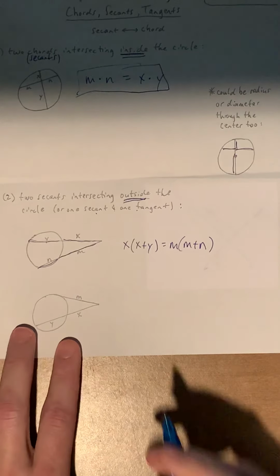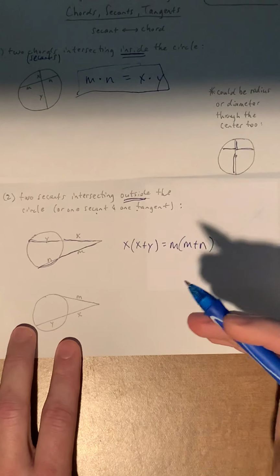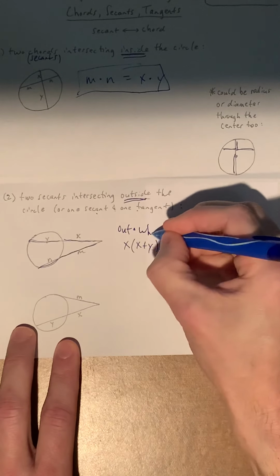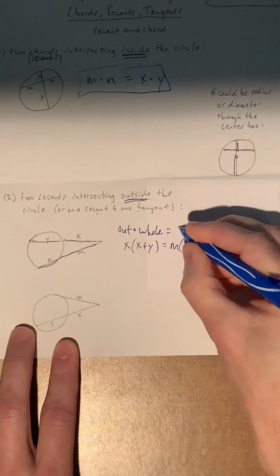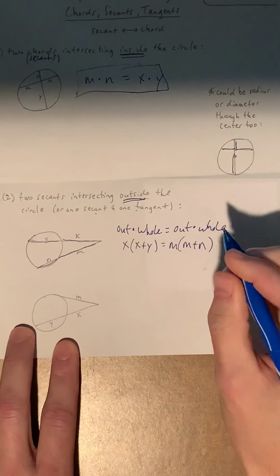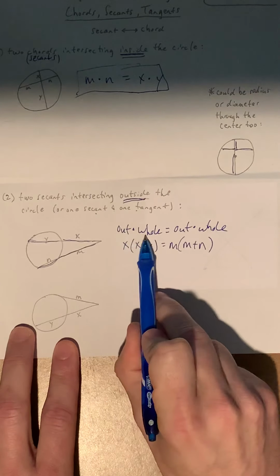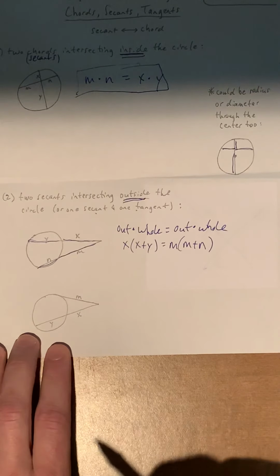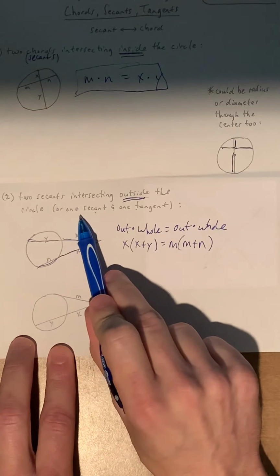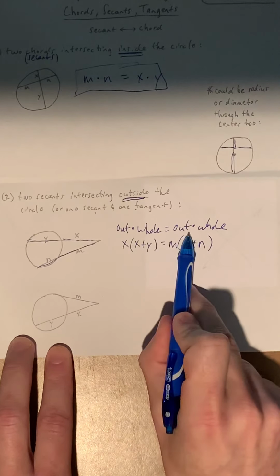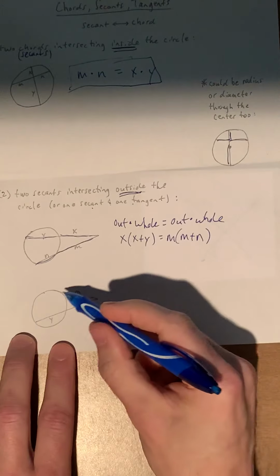If you just remember outside times whole equals outside times whole, then you can set up your equation and solve it. Outside part times whole thing equals outside part times whole thing. And again, this works for one secant and one tangent. You still apply this. Watch.